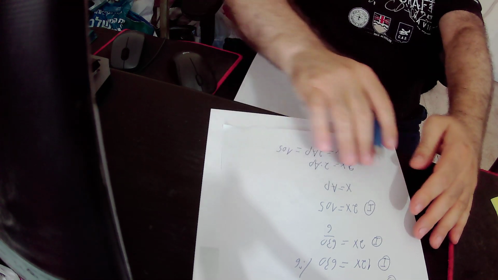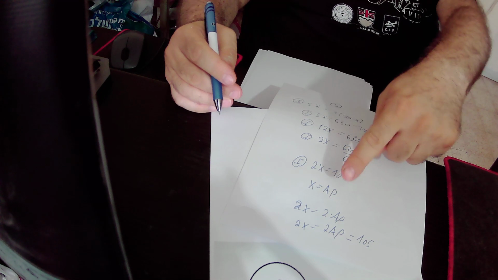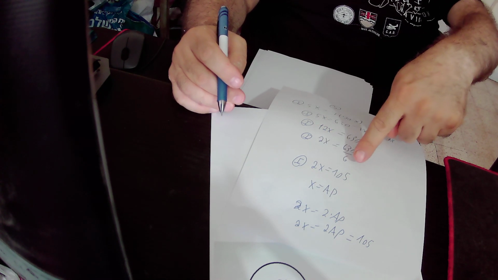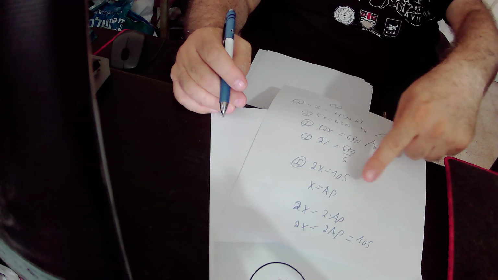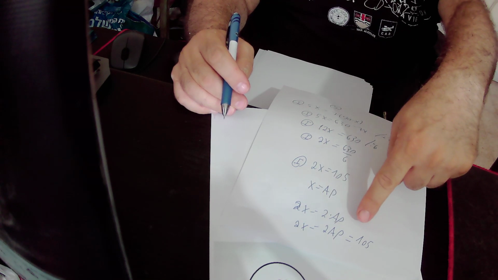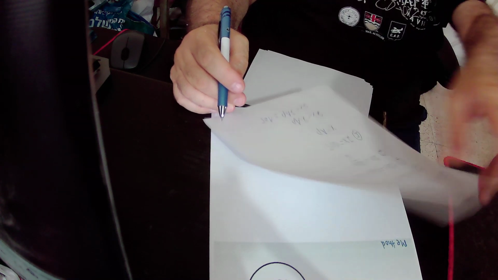So 2x equals 2AP, and 2x also equals 105, so we can write here that 2AP equals 105.